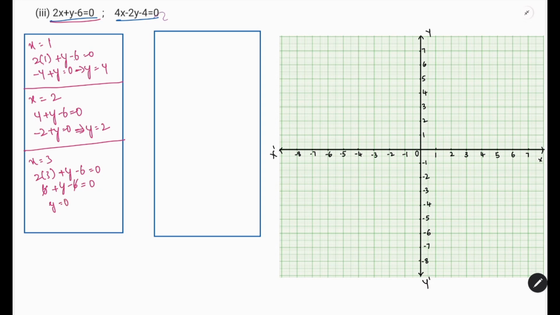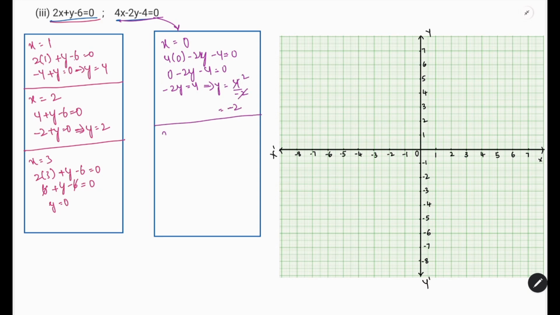In this second equation, if x equal to 0, so 4 into 0 minus 2y minus 4 equal to 0. 4 into 0 is 0, minus 2y minus 4 equal to 0. If you bring minus 4 to the right side, it will be plus 4. So y equal to 4 by minus 2. It is minus 2.